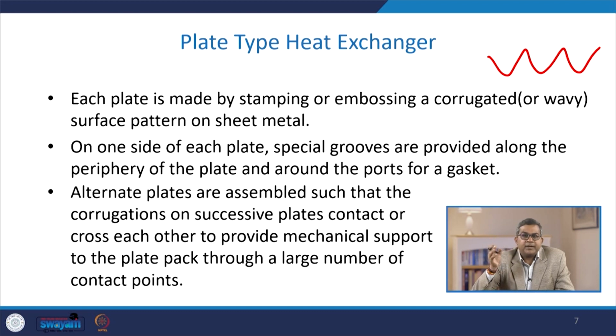Alternate plates are assembled in such a manner that the corrugations on successive plates contact or cross each other to provide mechanical support to the plate pack through a large number of contact points, so that in this way you may enhance the surface area.